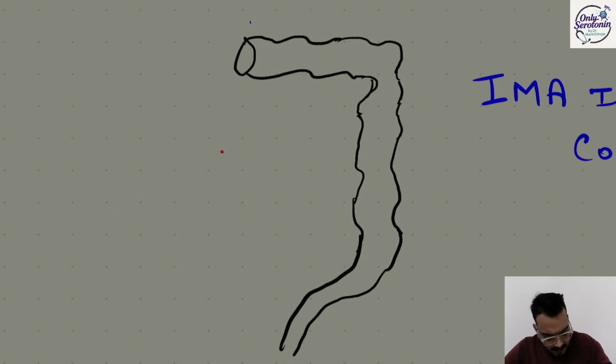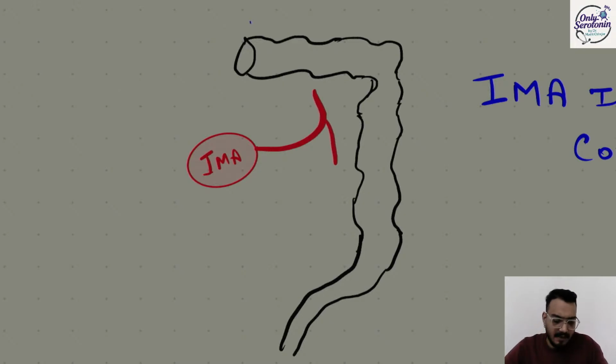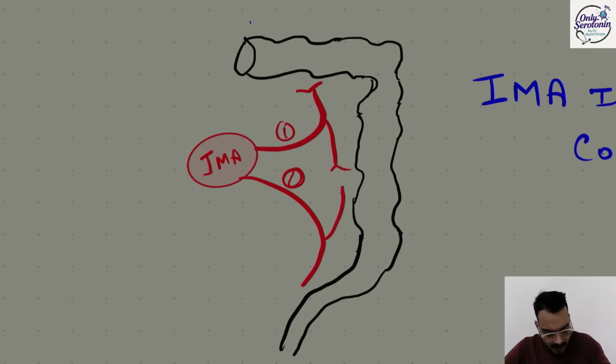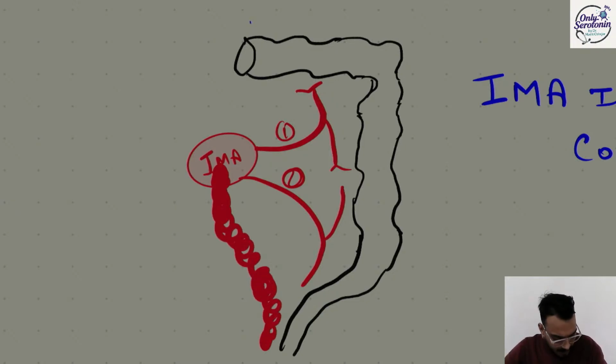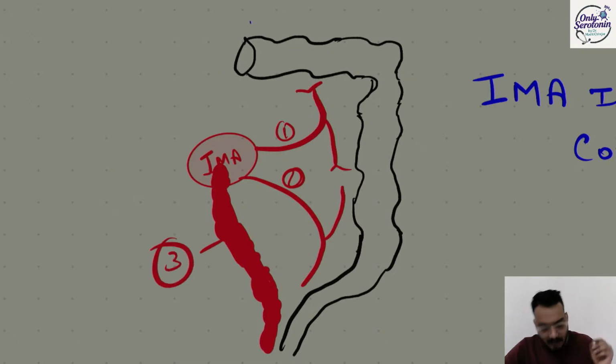So suppose, guys, somewhere here I have my inferior mesenteric artery. The first branch is my left colic artery. Second branch is my sigmoidal artery. And the third branch is itself going to descend down and supply the upper part of the rectum, and we call it the superior rectal artery.